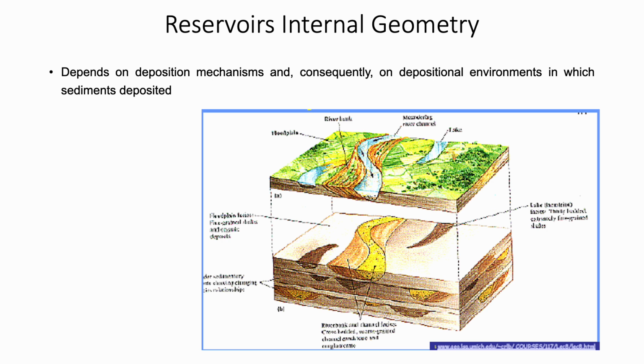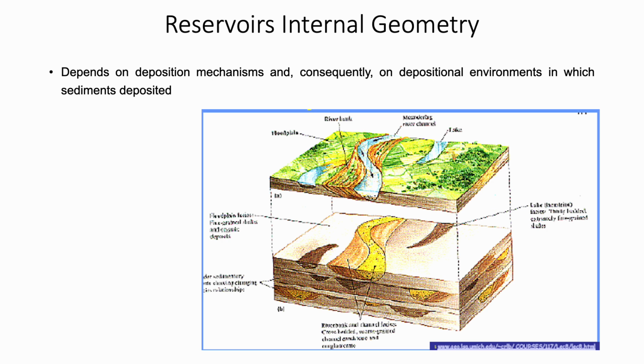Floodplain deposits made of clays and silt reduce permeability, creating natural barriers. Meanwhile, lake deposits form sealing layers that prevent hydrocarbons from escaping. Understanding these structures is crucial in petroleum exploration.